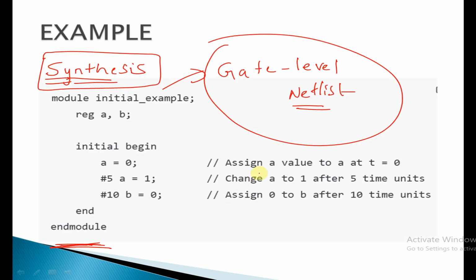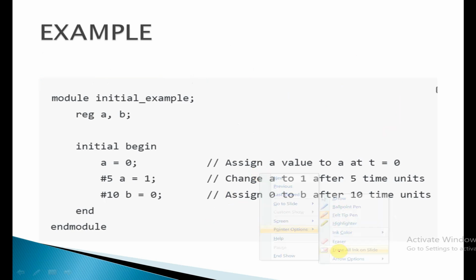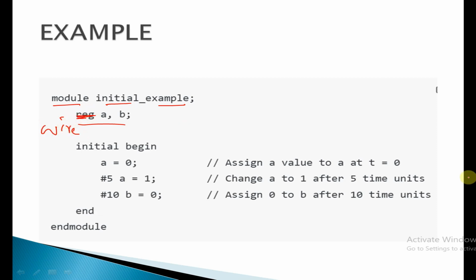And coming to an example, this is an example of using an initial block. You can write a module followed by the module name, and you can declare variables of reg type. Let's say I use wire a, b instead of reg.